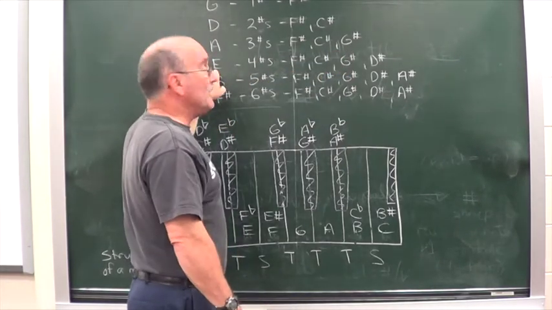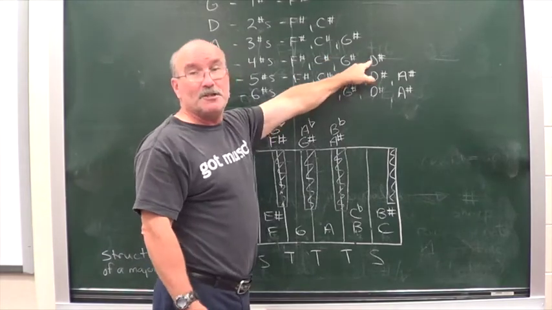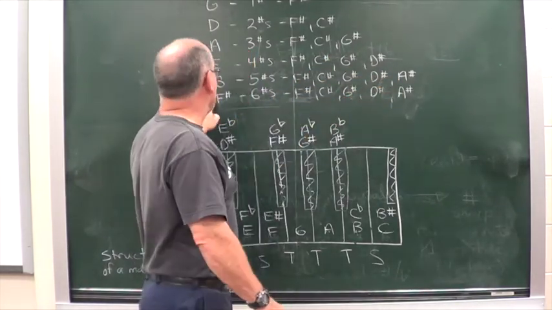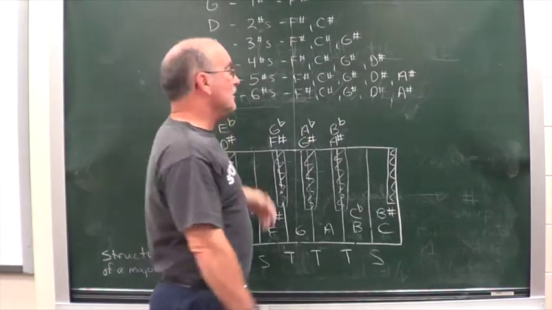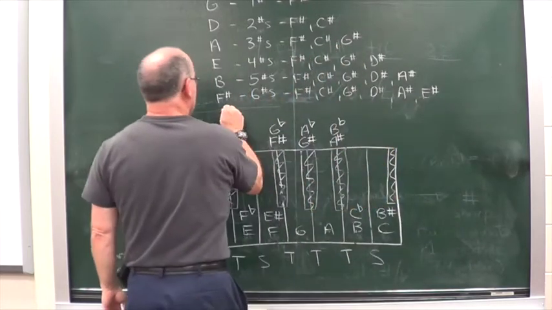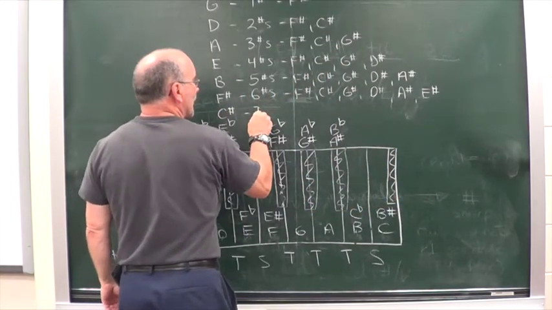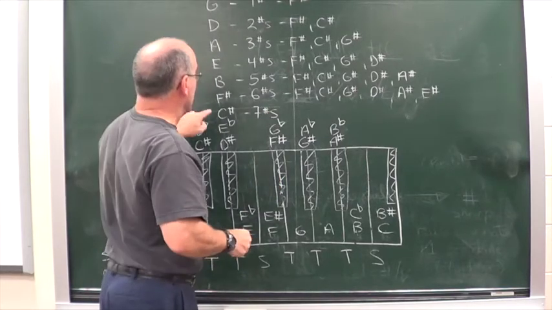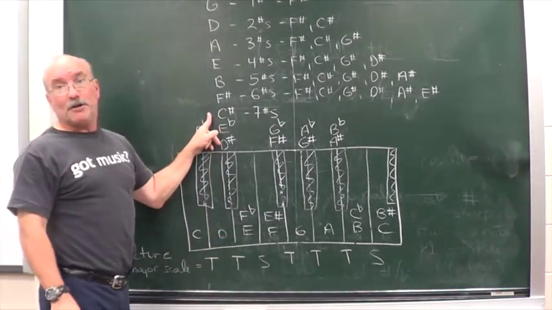What's one note before E? D. Last sharp is D sharp. What's one note before B? A. Last sharp is A sharp. So what's one note before F? E. So that's going to be the name of the last sharp in F sharp major. And finally, C sharp major, you should have guessed, will be seven sharps because either it has nothing or it has everything.